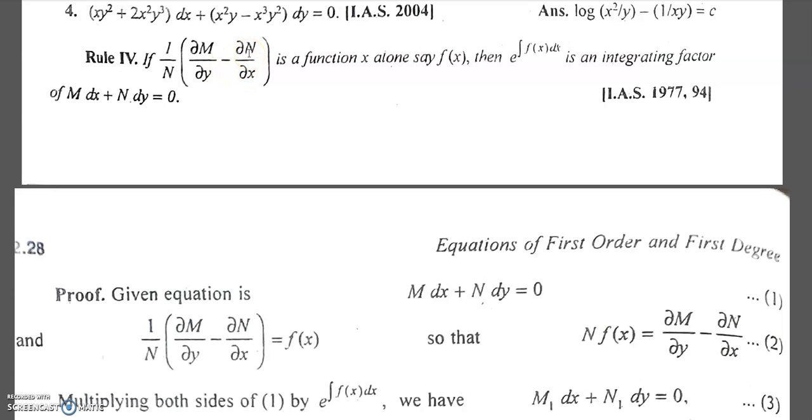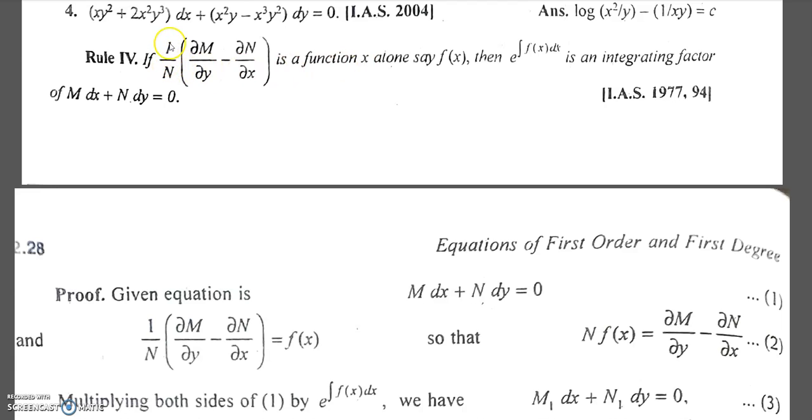Now the second term is N, so divide by N, and here it is x, so that will be a function of x alone. So you just remember the formula.